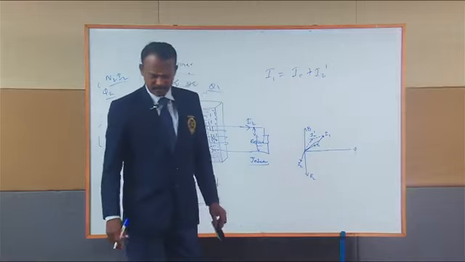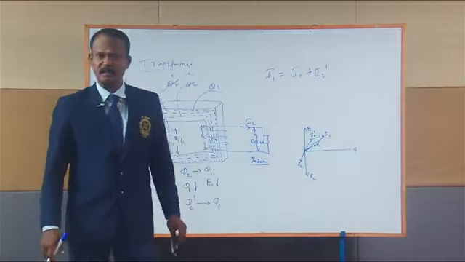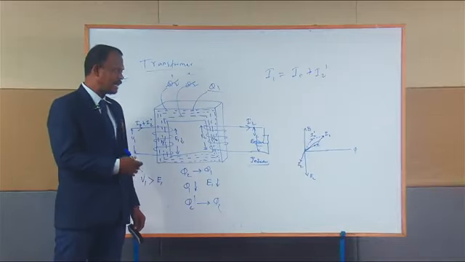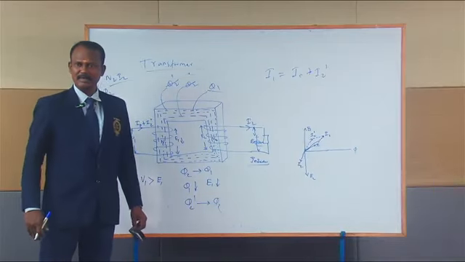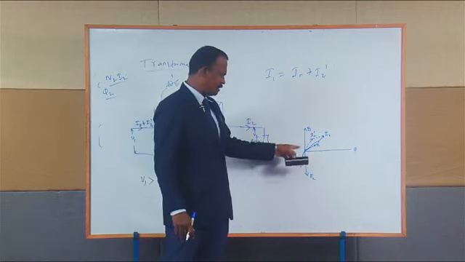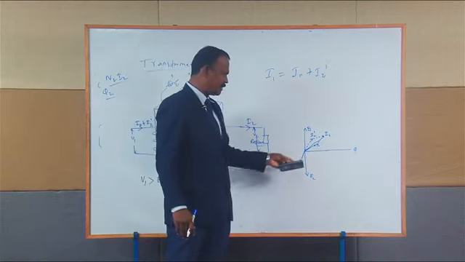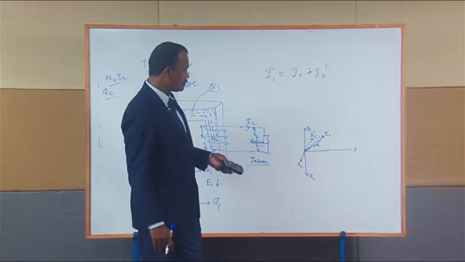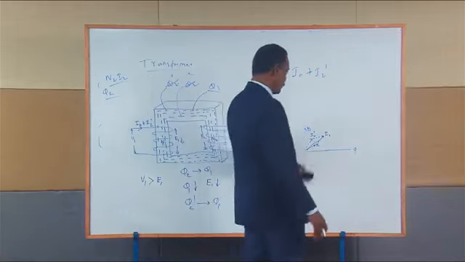For inductive load, definitely this current I2 is lagging behind the voltage by some angle. But I am not mentioning the voltage here. I just draw the current for different loading conditions. This is for the inductive load.